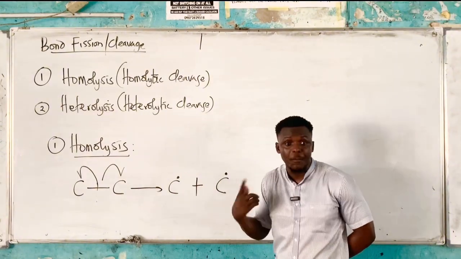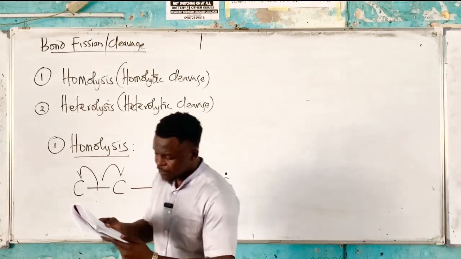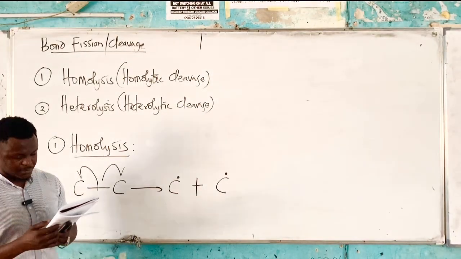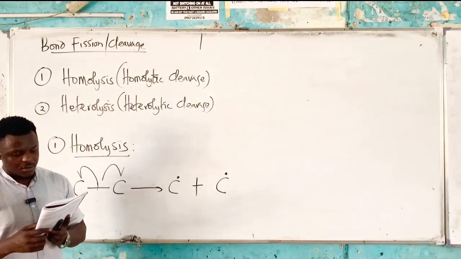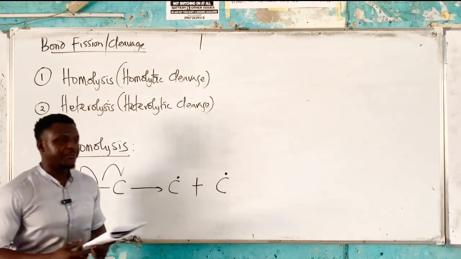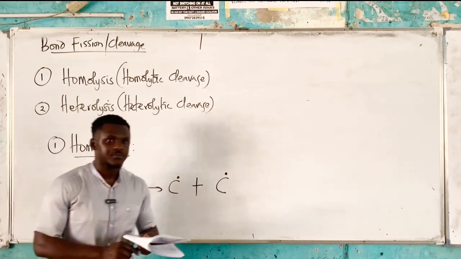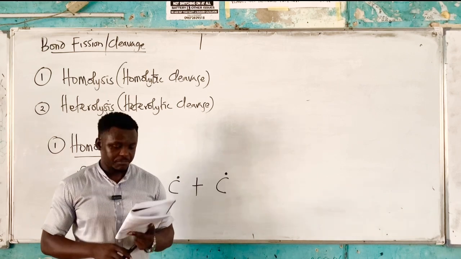This electron is seen as unpaired because it's how many? One. Please put down. Each fragment is called a free radical. Full stop.